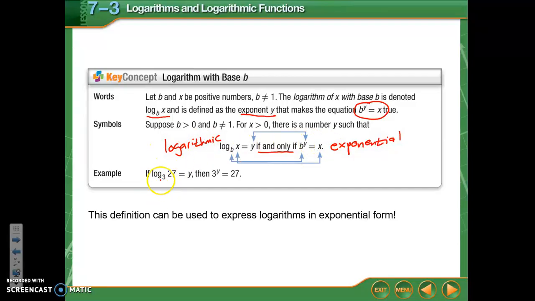So if I'm going to apply that to this example, if log base 3 of 27 equals y, then 3 to the y equals 27. It kind of follows a nice circle. And we're just totally basing this on this definition. A logarithm is just another way to express the exponent when y is in the exponent instead of x. And we're going to use this to take something that's in logarithmic form and rewrite it in exponential form.